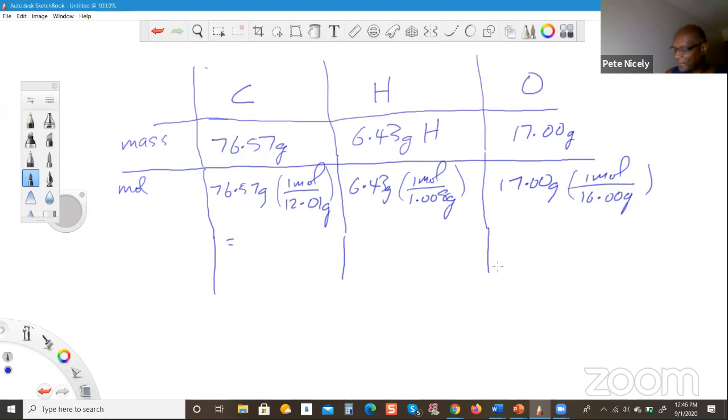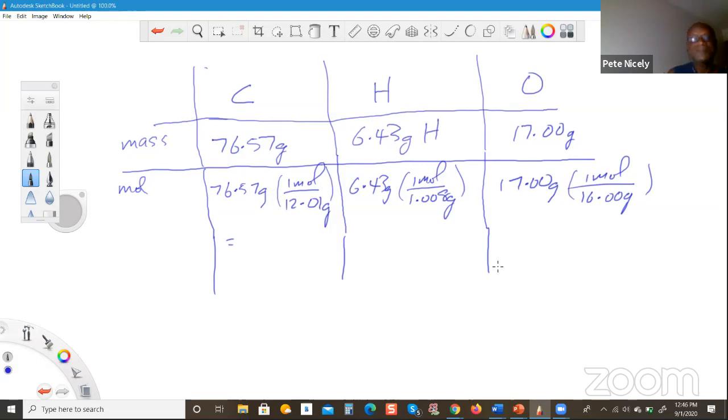So let's do that together. In the case of carbon, it's 76.57 divided by 12.01. And according to my calculation, this works out to be, I have to round off to 4 sig figs, 6.376.